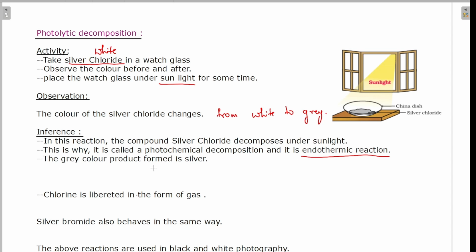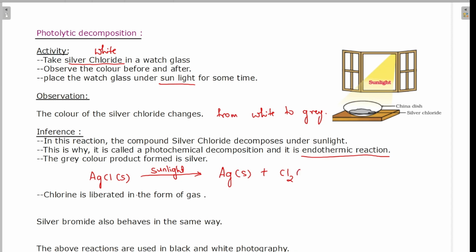Next, the gray product formed is silver. Now let us write the equation for this reaction. Silver chloride, AgCl, which is solid in state, will undergo photolytic decomposition. You have to mention which type of energy is absorbed. It forms silver and chlorine.